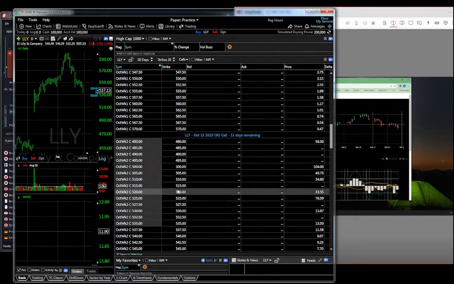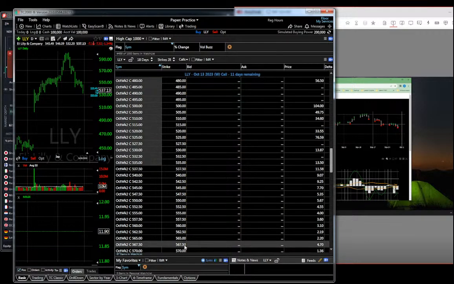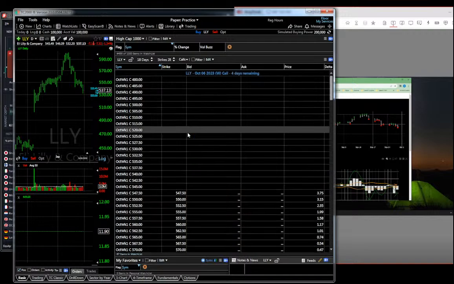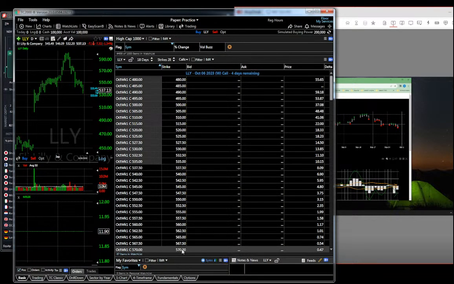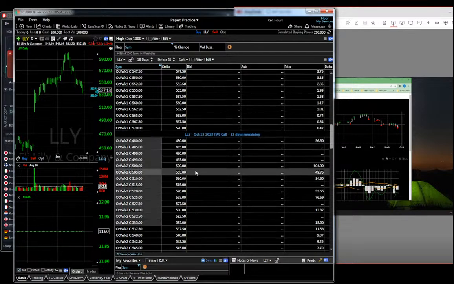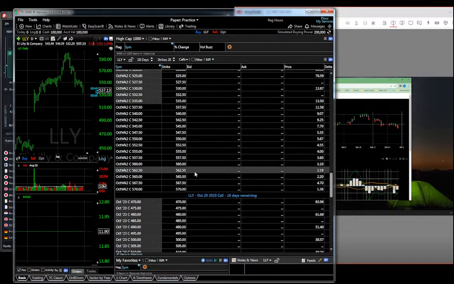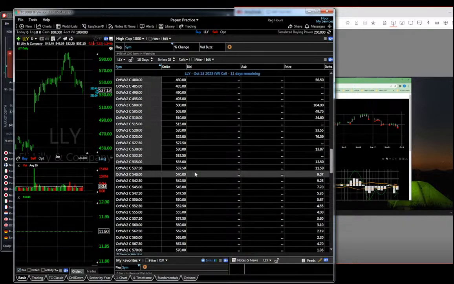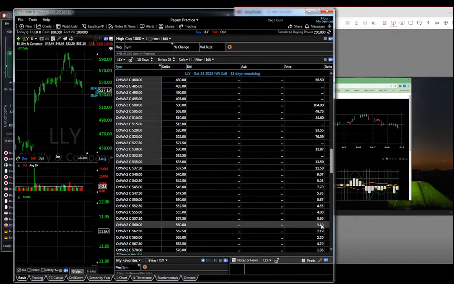Now let's look at the 570-560 call spread. That's not it. We want the 18. It was the 13, I'm sorry. 570-560. So 570 is 136, and the 560 is 310.